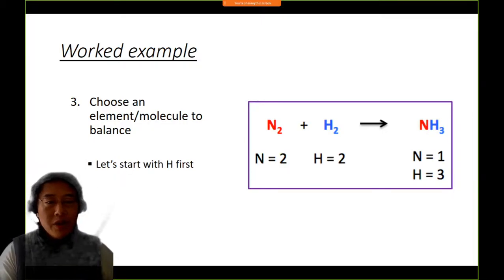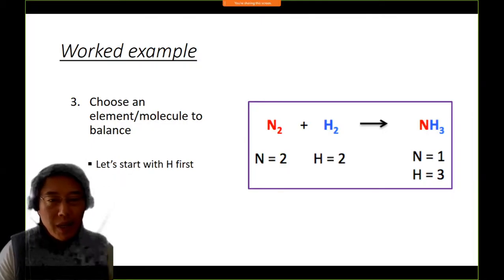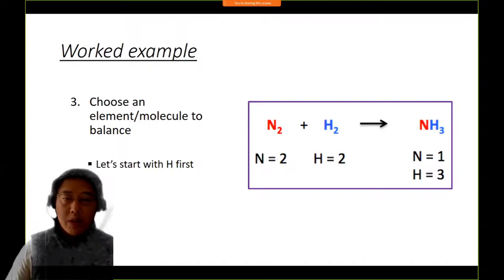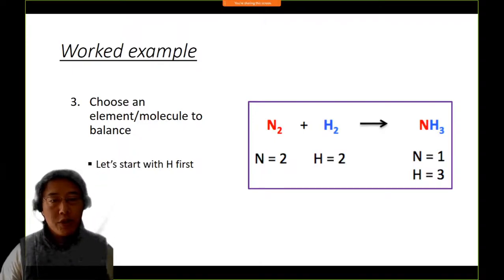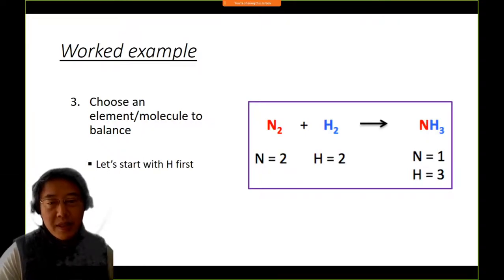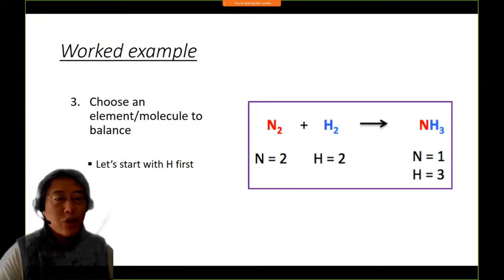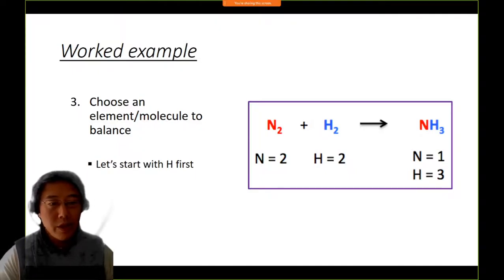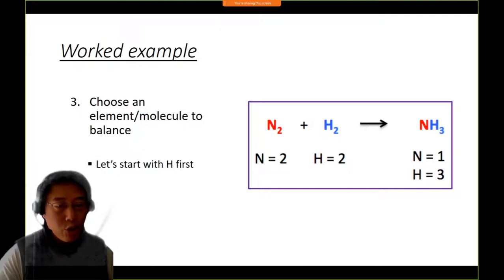With the multiples, think about your times tables. The multiples of 2 are 2, 4, 6, 8, 10. And the multiples of 3 will be 3, 6, 9, 12. Now the common value and the lowest one is going to be 6. Okay, it's the lowest common multiple of 2 and 3.